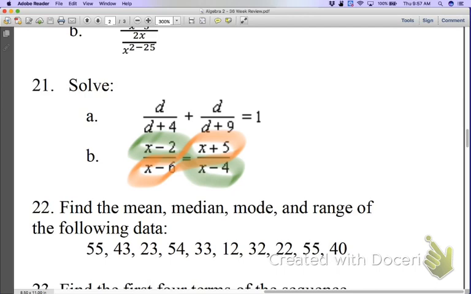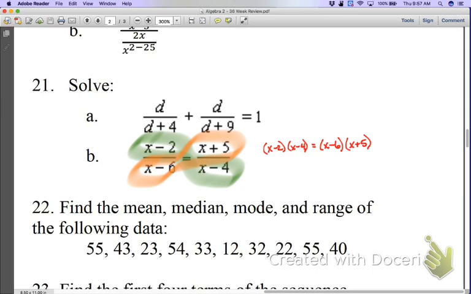So do you need to see 21b? Yes? Okay. So x minus 2 times x minus 4 equals x minus 6 times x plus 5.